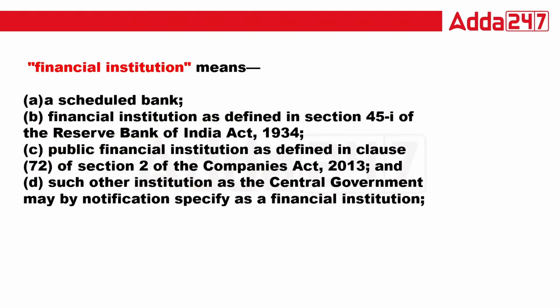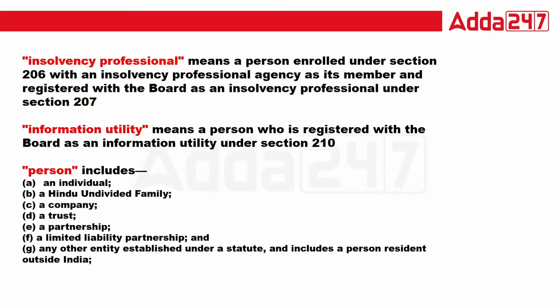Financial institution, because from the financial institution also we take the money. It includes scheduled bank, financial institution, public finance institution, and other institutions, because these are the things from which we take the money. Insolvency professional, this is one of the pillars. If I say this and this, that is important because these two are the pillars of IBC.